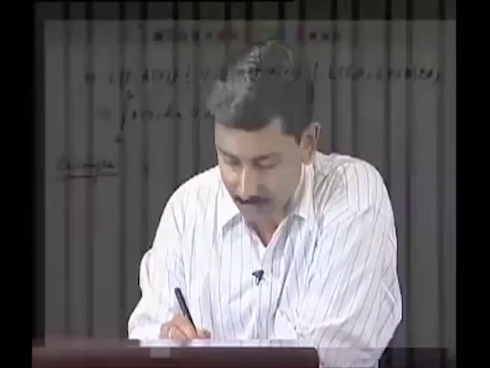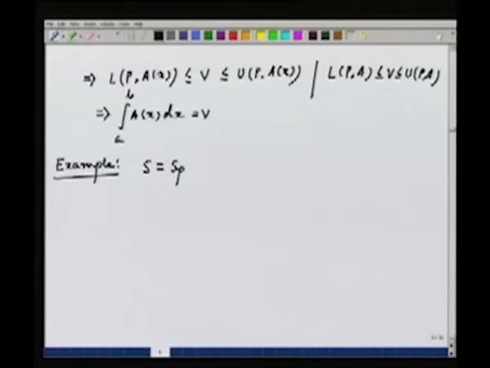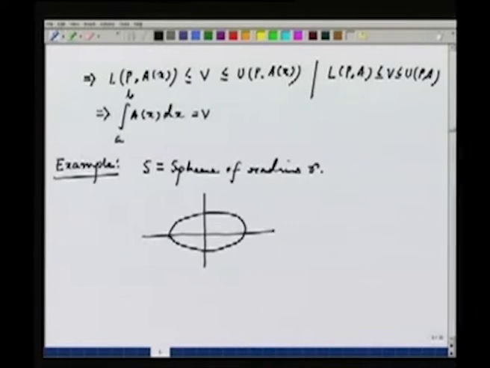Anyway, given a sphere of radius r, we know that its volume is 4/3 pi r cubed. I want to test whether I get it through this method of slicing. So let S be my sphere of radius r. Now it looks like this, a sphere of radius r.